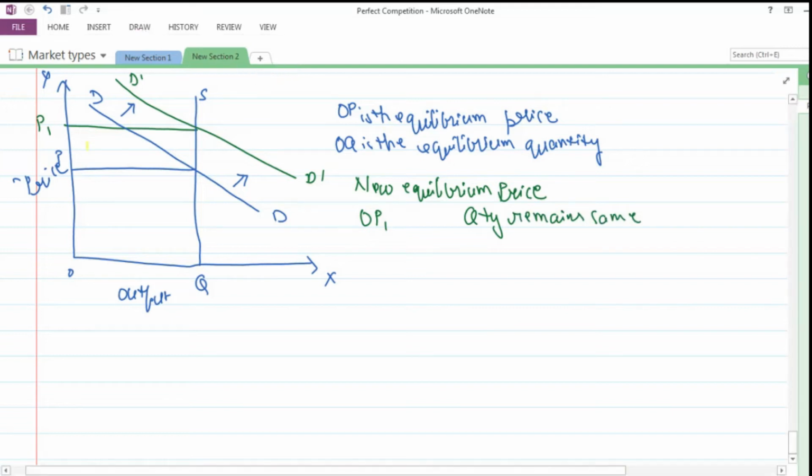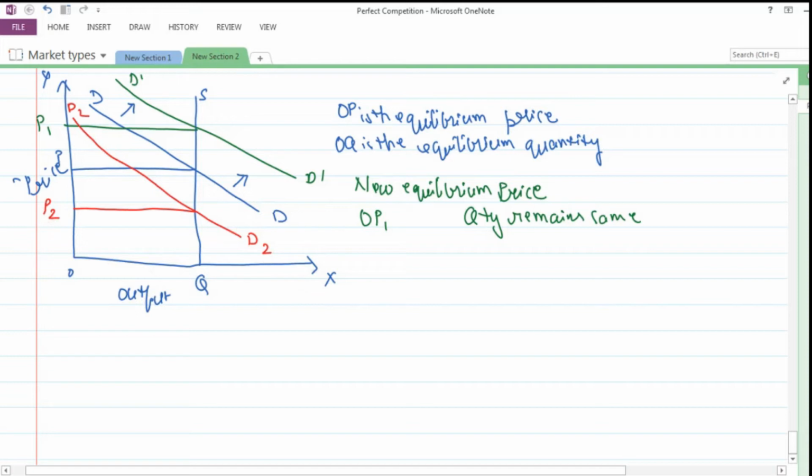Why has this price increase happened? Because here the supply is constant, so the prices have moved up. On the other hand, if the reverse scenario happens and the demand falls down, the current demand is now at D2 demand curve, then the new equilibrium price is established at P2.